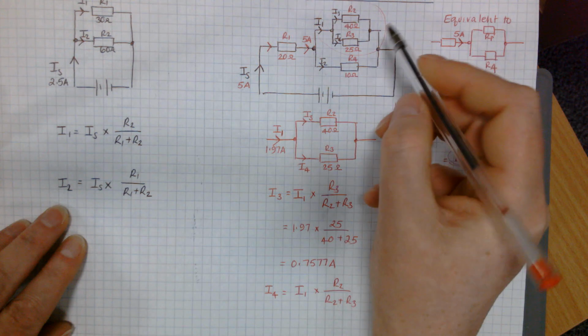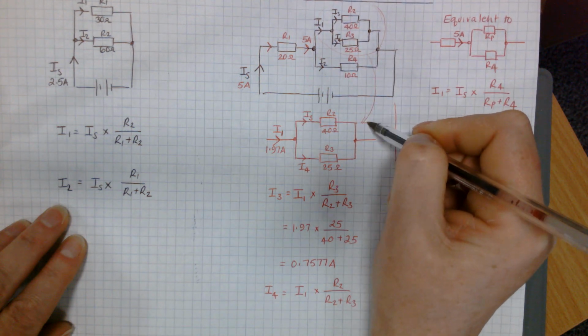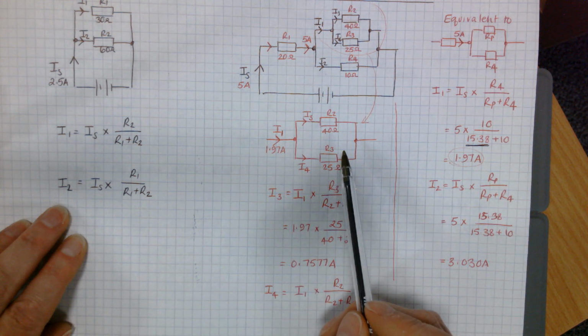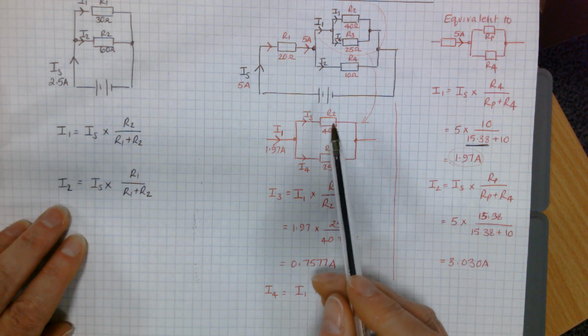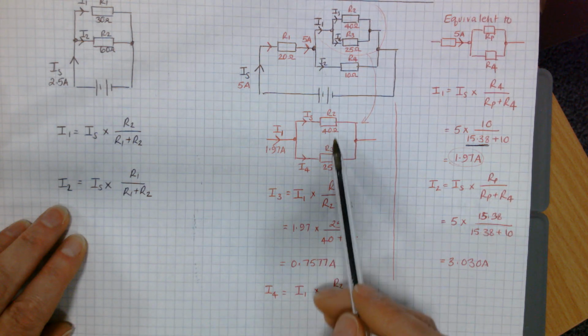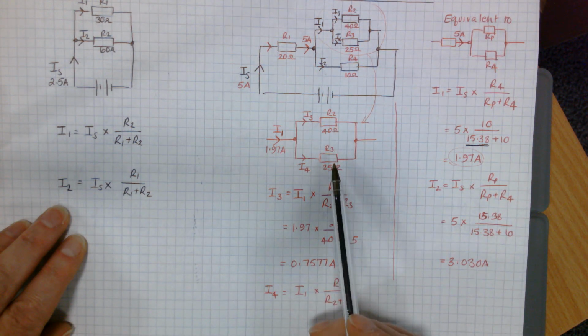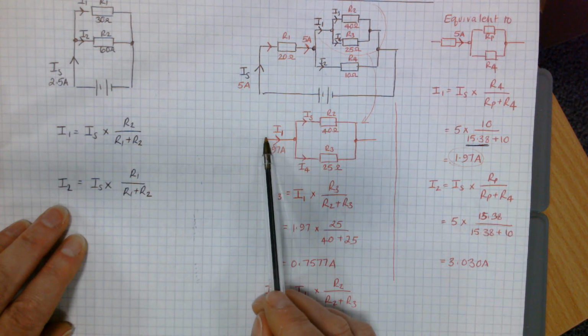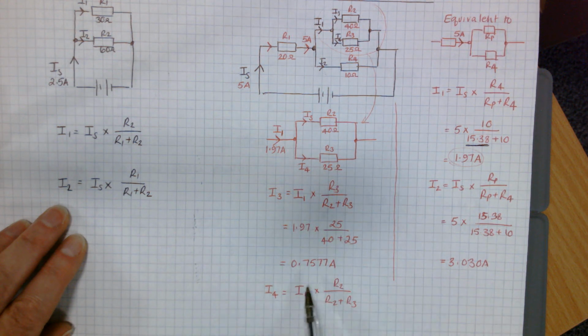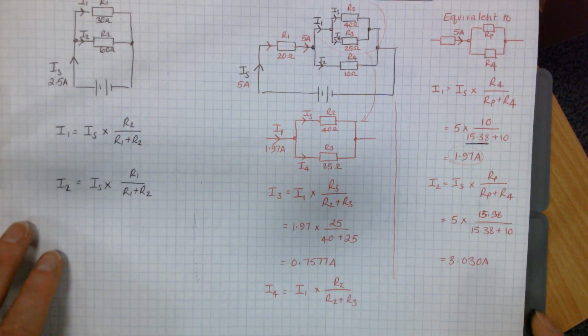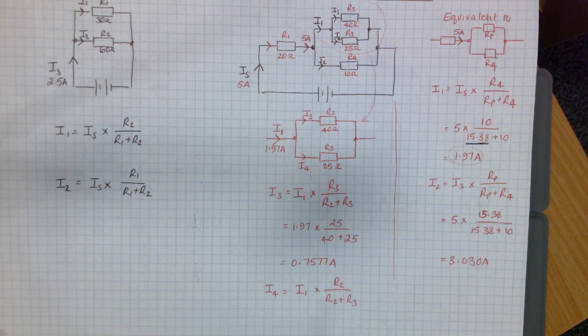And this wee section here is this circuit, which is where I3 and I4 are. This has R2 and R3. And then you're dividing this current. So it's I1 that's the current you're dividing this time, and R2 and R3 are the resistors in this parallel part here. And that would be the structure of your current dividers for that.